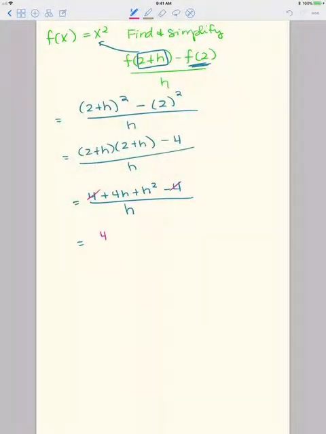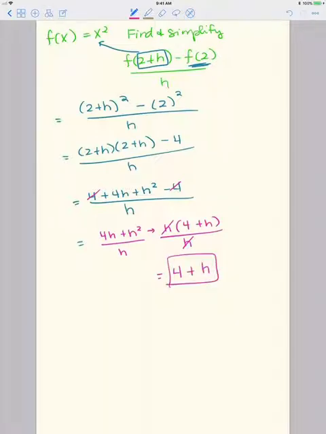And then you're left with 4h plus h squared over h. The top has a common factor of h, and I can make that h times 4 plus h, over the h on the bottom. And then the h multiplied out front will cancel with the h divided on the bottom, and you're left with a final simplified answer of 4 plus h.